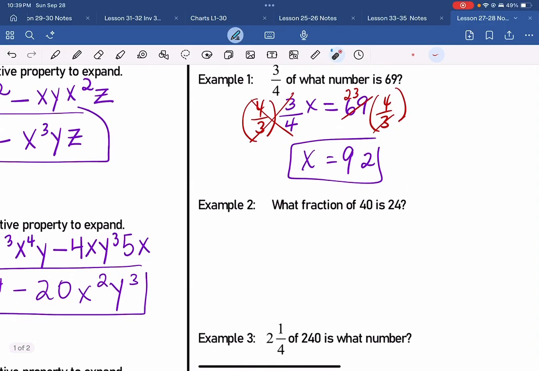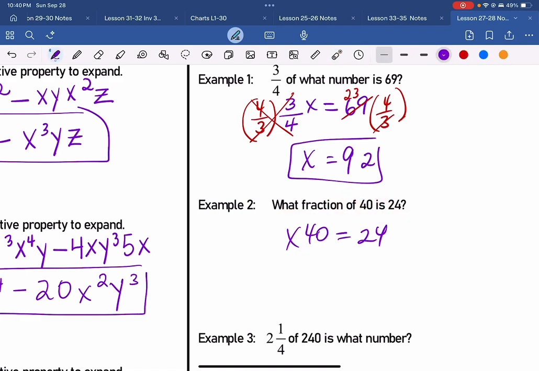Okay, this one says, what fraction of 40 is 24? So we can say what fraction, meaning x, of, so x times 40 is 24. You see what I did there? So it's what, that's the x, times 40 equals 24.